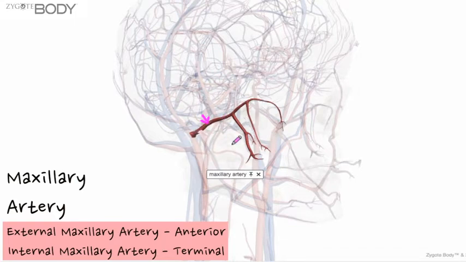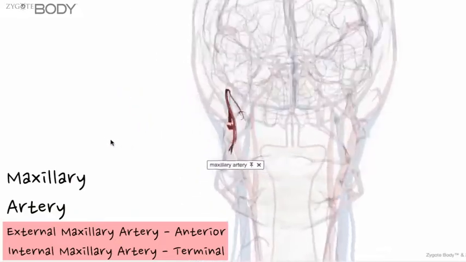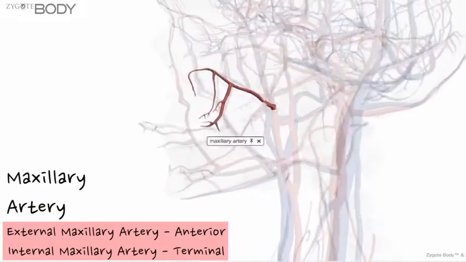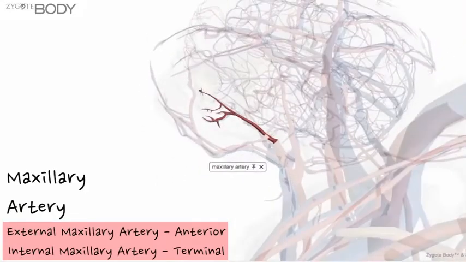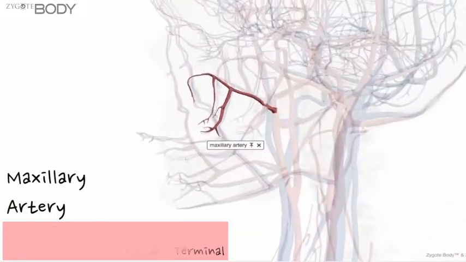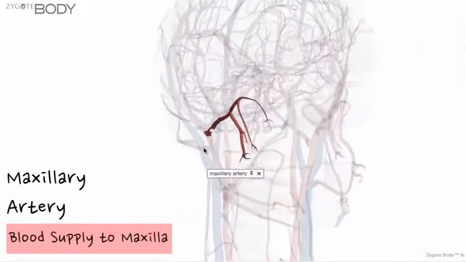And then we have another part, which is the internal maxillary artery, which is more interior, I guess, and is the terminal part of the maxillary artery. Basically, the whole maxillary artery is another terminal branch of the external carotid artery. As you can see here, I'm just going to rotate it, so we're looking at this from two different aspects. There we go, of the maxillary artery, and this supplies the maxilla.